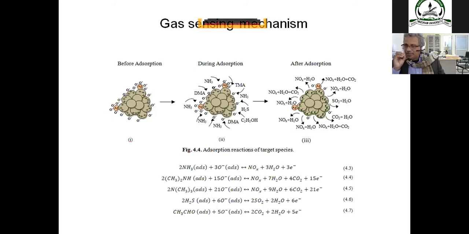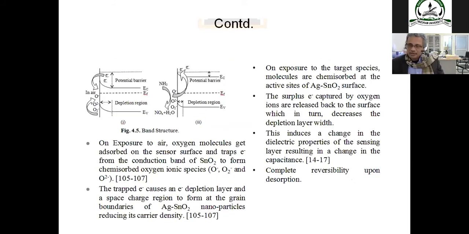We have seen all these gases emitted from fish or food. These gases interact with the oxygen that is temporarily made on the surface. So we have got this equation. It interacted, and because the dielectric constant is changing, the capacitance will be changing.